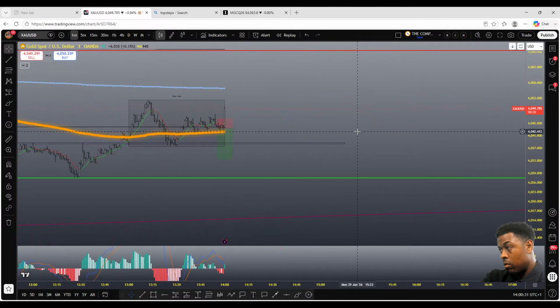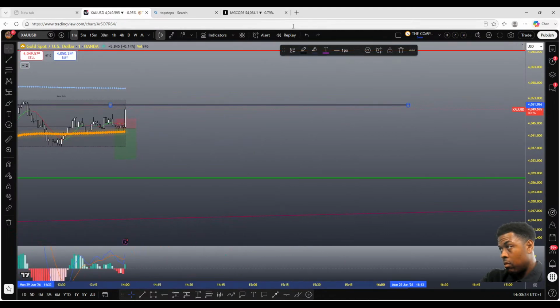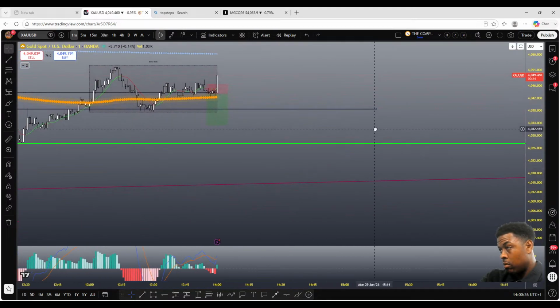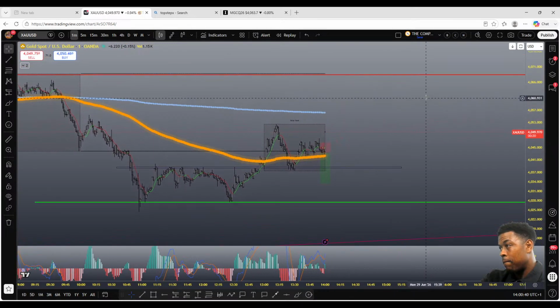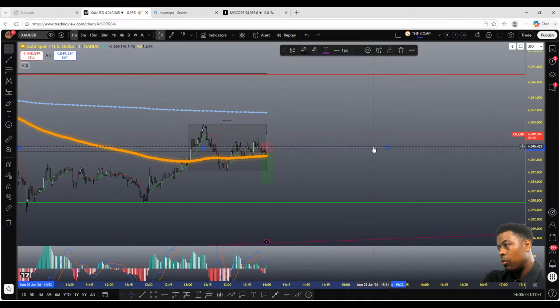Not good, that's not good at all. I do feel like we are in a strong uptrend. Strong uptrend. I feel like price is getting ready to turn around, push towards the upside.